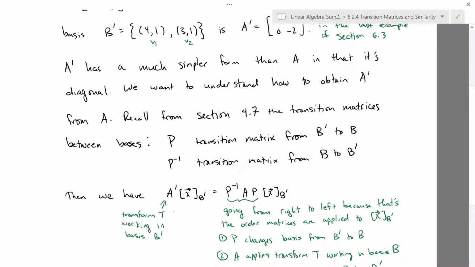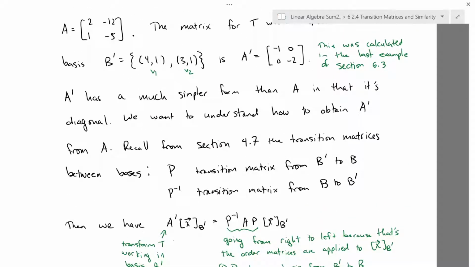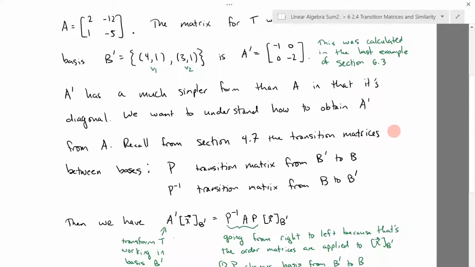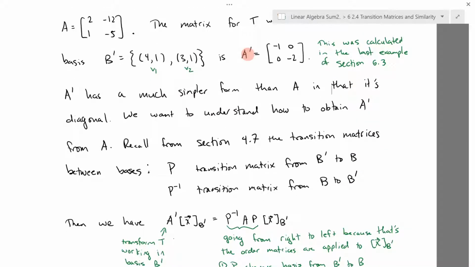So the relationship is going to be as follows. A prime as a transformation takes coordinate vectors for B prime and transforms them to coordinate vectors for B prime.